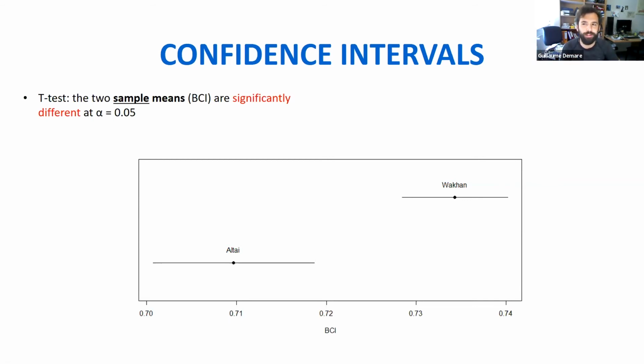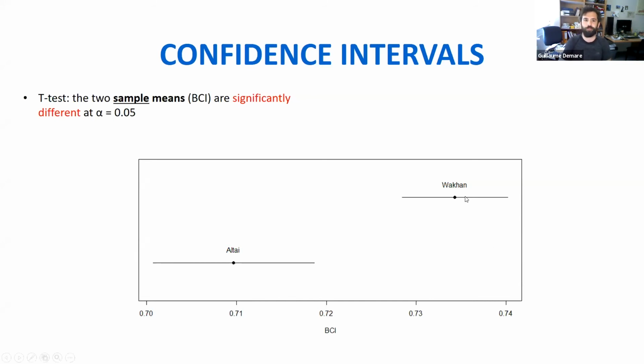And if we didn't find a significant difference in the sample means, so the t value would be a lot smaller and the p value would be a lot higher, so it would be more than 0.05, then we would also see that these confidence intervals would overlap, which means, the same way we can't say that the sample means would be different between the two groups, the population means would also have some overlap. They might be the same actually.